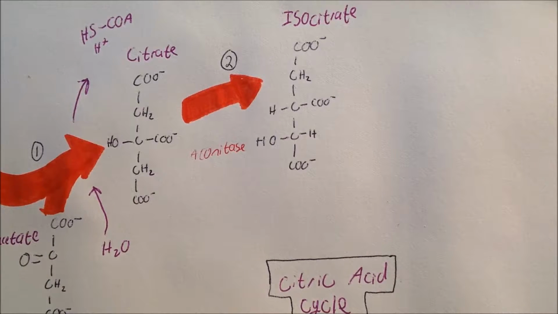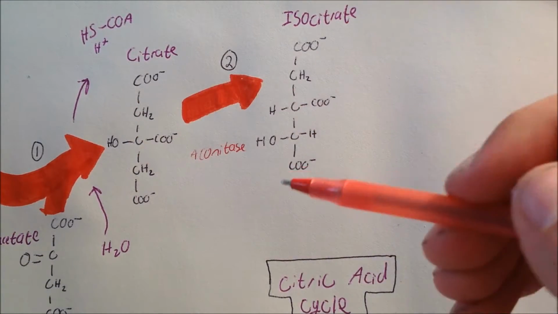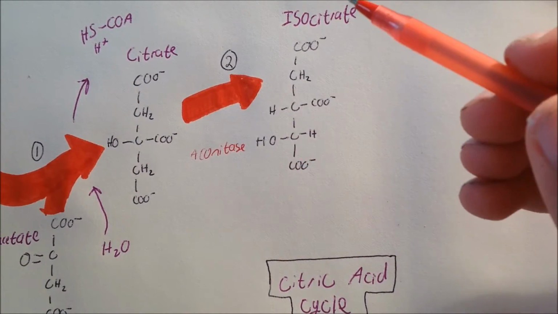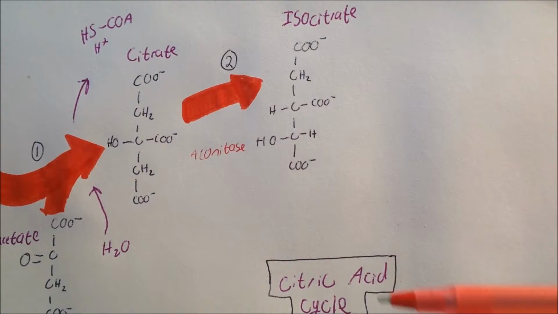The main difference between these two molecules is that the alcohol here moved down a carbon and the hydrogen moved up one. So that just allows different things to occur later on in the process, as you'll see in the next step. Nothing came out or was put into this step, like most steps.